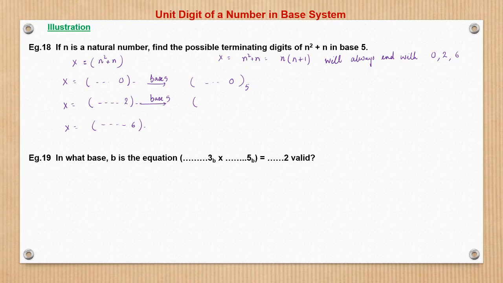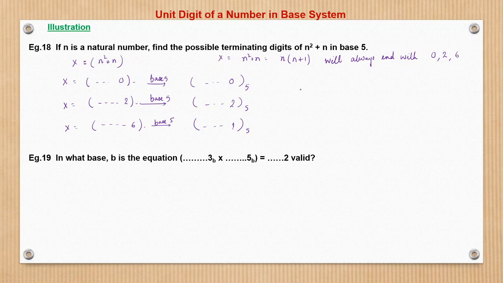Any number ending with 2 when divided by 5 will leave a remainder of 2. And if the number ends with 6, when divided by 5 the remainder would be 1, right? So it will be 1.